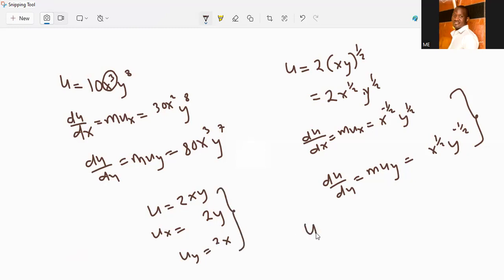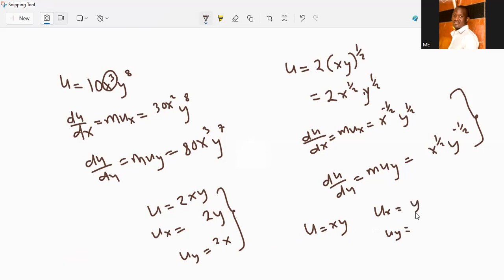Suppose we have an even simpler looking u equal to yx. Let's differentiate with respect to x and with respect to y. So what is our derivative of x? What is our derivative of y? With respect to x, what is our dummy?